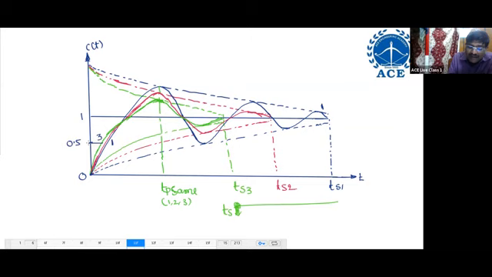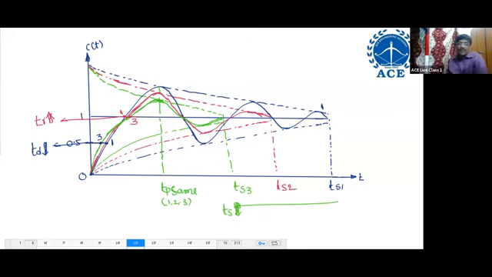That means delay time decreases. This is 1, this is 3. That means rise time slightly increases. This is 1, this is 3, rise time slightly increases.